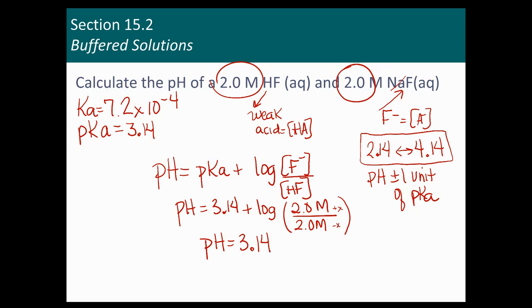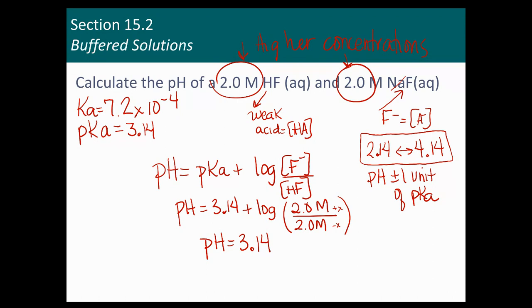Okay, the other thing that your book didn't really mention, but is very critical, and I think it's coming up in the next section, is that with buffers it's really important to set them up so that you have higher concentrations of weak acid and conjugate base, because then they can neutralize more additional strong acid and base.